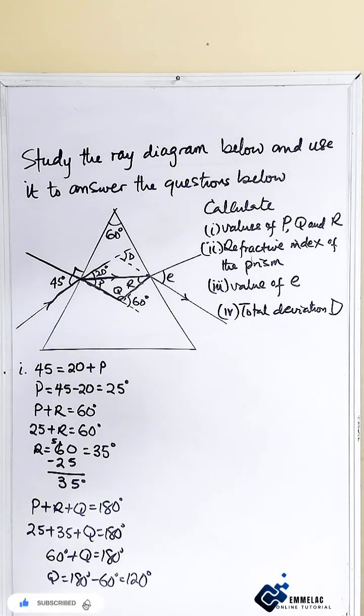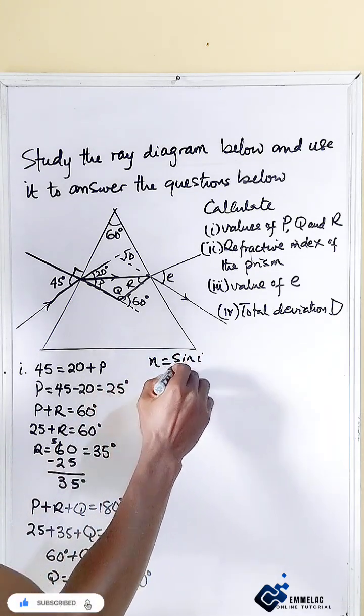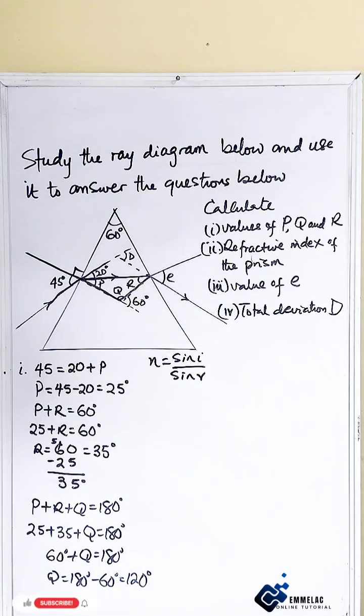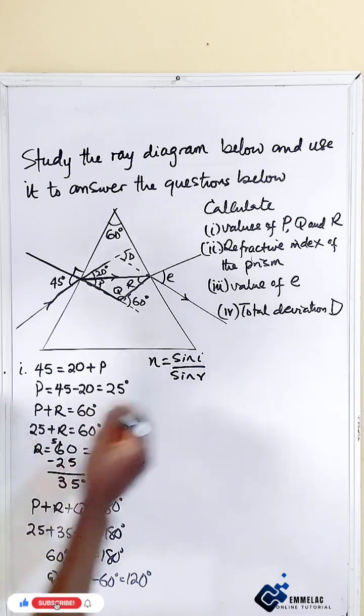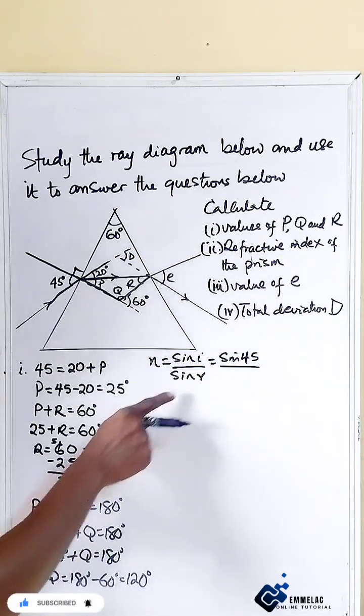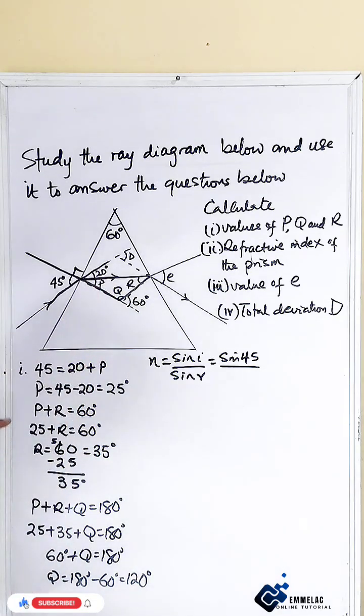Now for us to find the refractive index of the prism, N equals sine i over sine r. Sine i here is 45, so that is sine 45, all over sine r, which is the refracted angle, and our P here is 25.